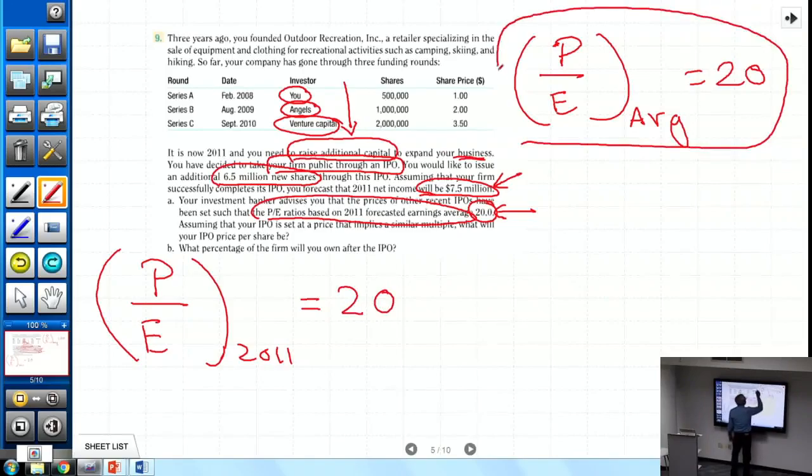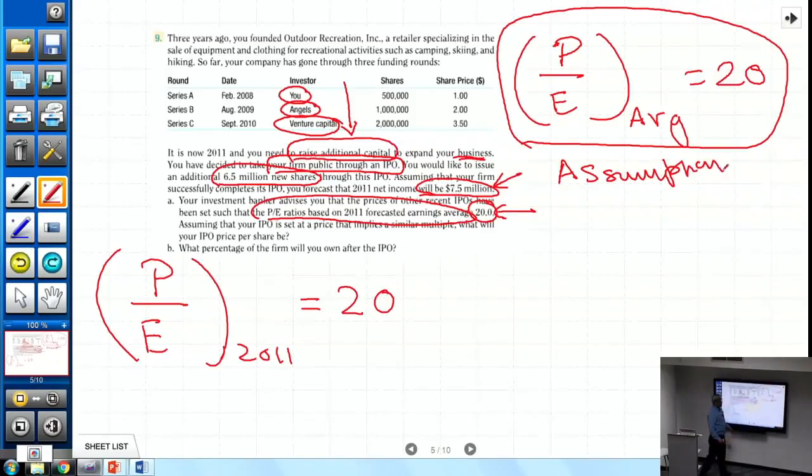That's an assumption, and we're going to assume that projected PEs will be around the historic average. So now we already know what E is. E is 7.5 million.